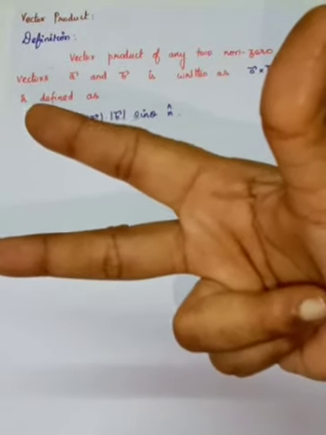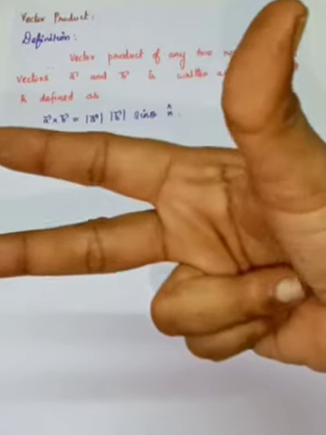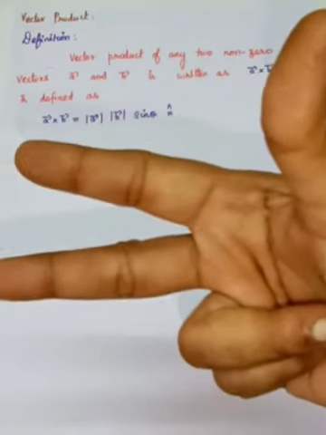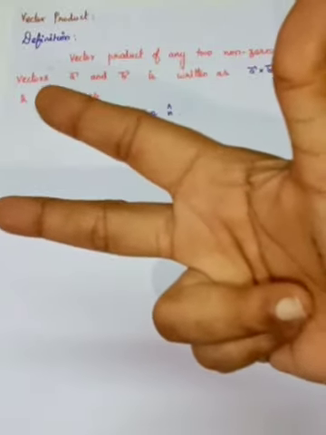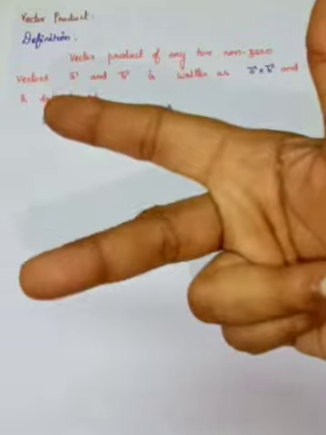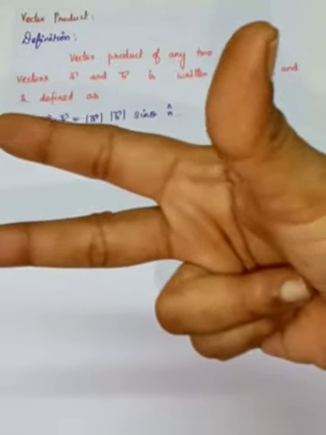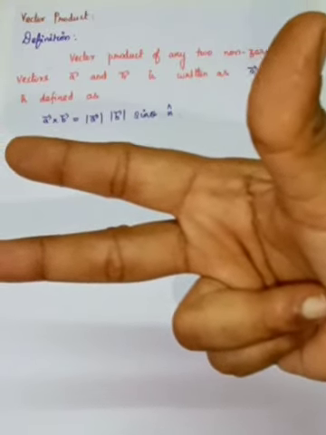Then we can say a vector, b vector and a vector cross b vector form a right-handed system.